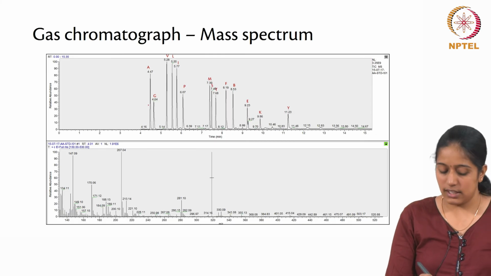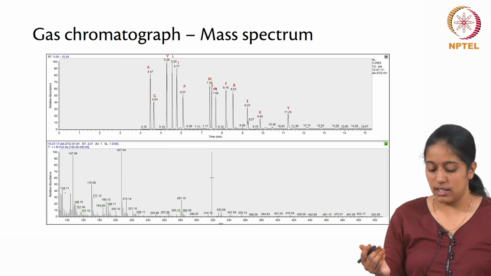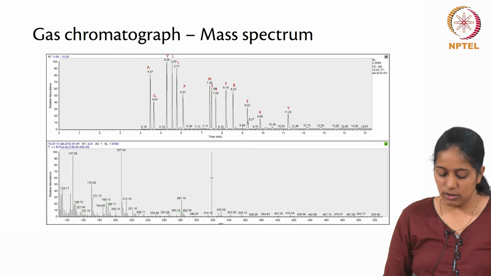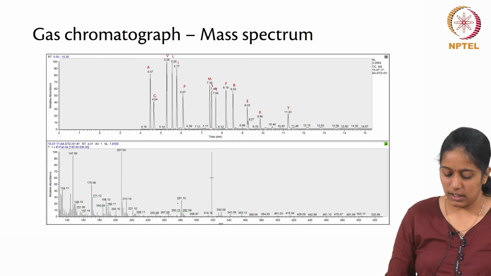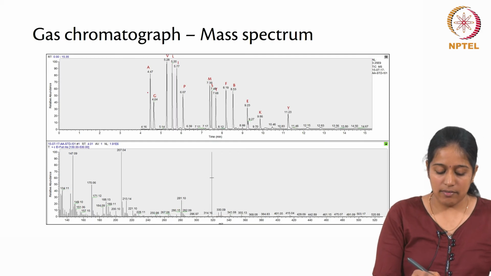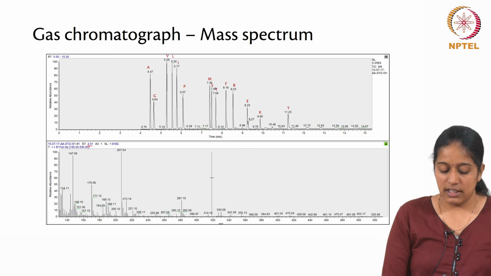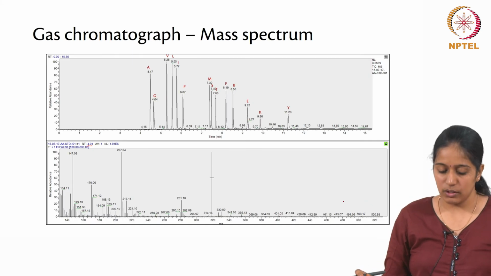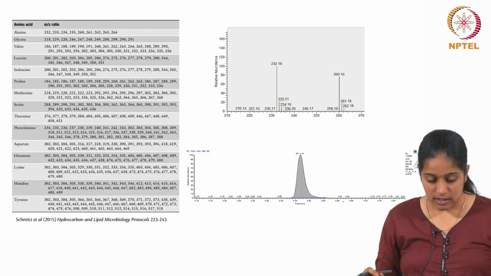For every retention time you calculate the mass of the different ions that get eluted. Here you can find 207, 213, 221, at different relative abundances, at every elution time. Here the time is 4.01, so at a retention time of 4.01 you can find all these ions. This is how a general gas chromatograph looks.